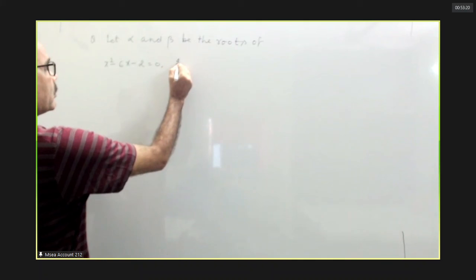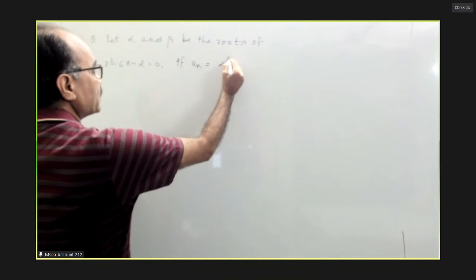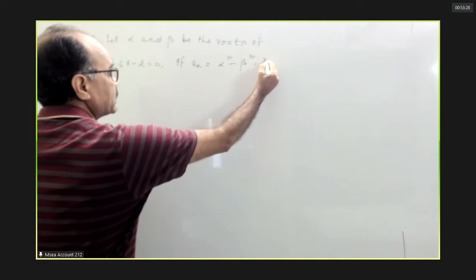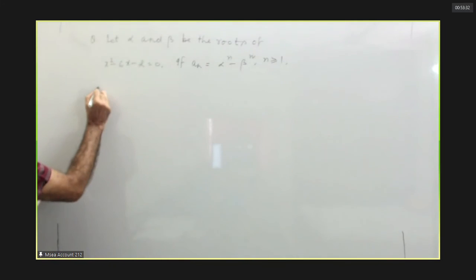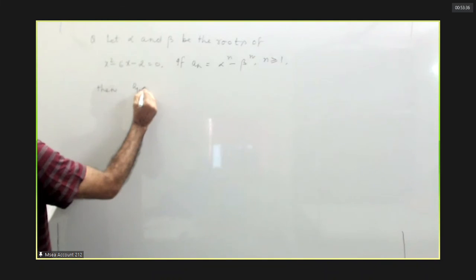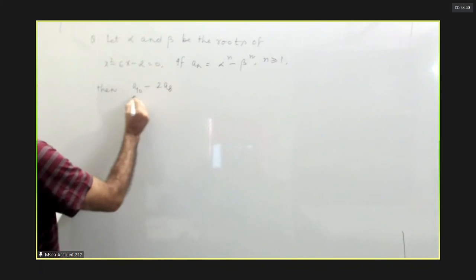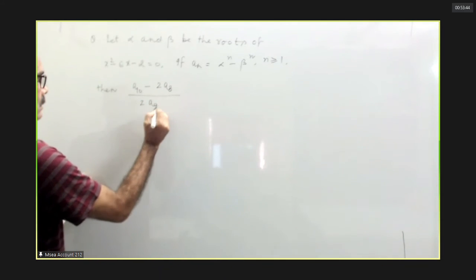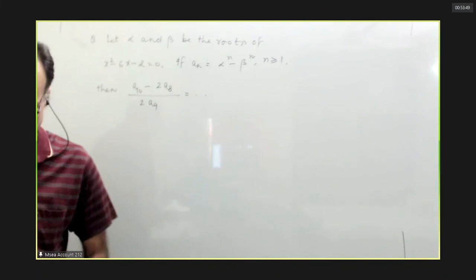If a_n equals alpha to the power n minus beta to the power n, n greater than or equal to 1, then the value of (a10 minus 2a8) by 2a9 equals. Just an objective level question.